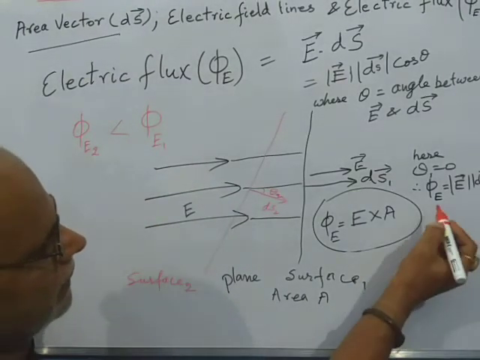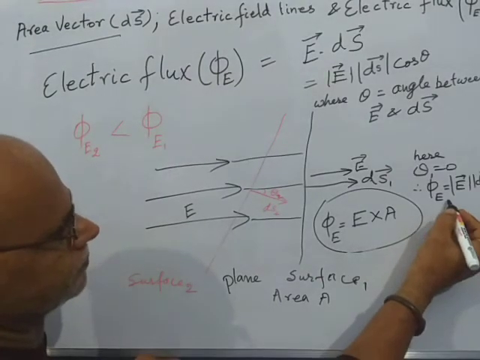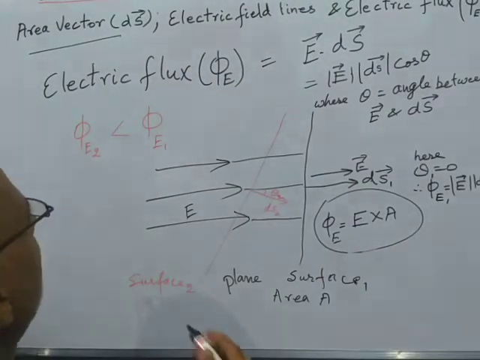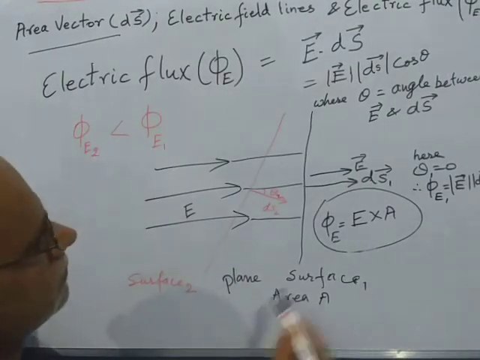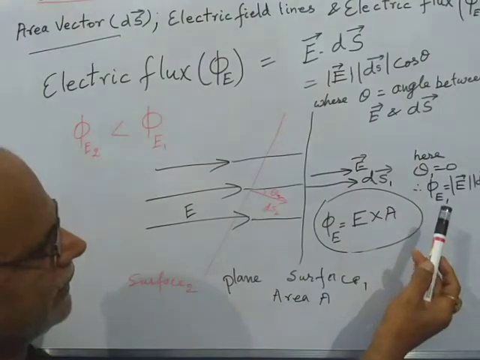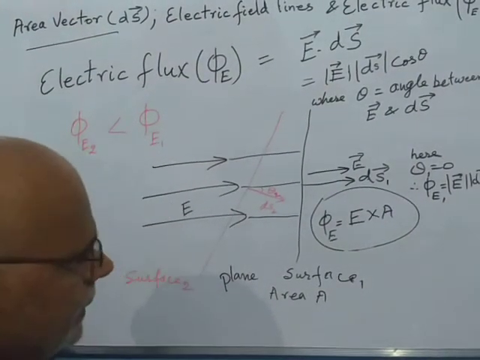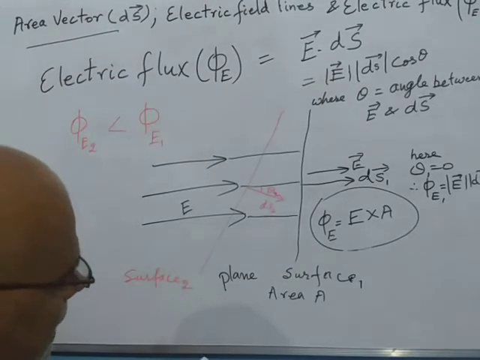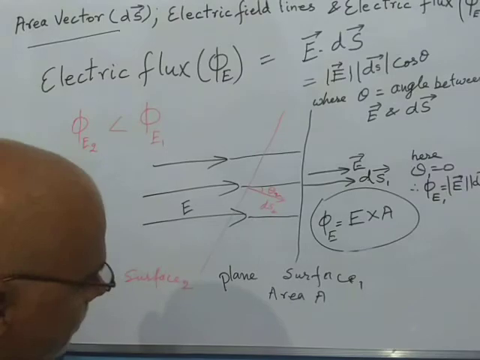The electric flux in the first case is maximum, and in the second case it is less than that value, phi E1.